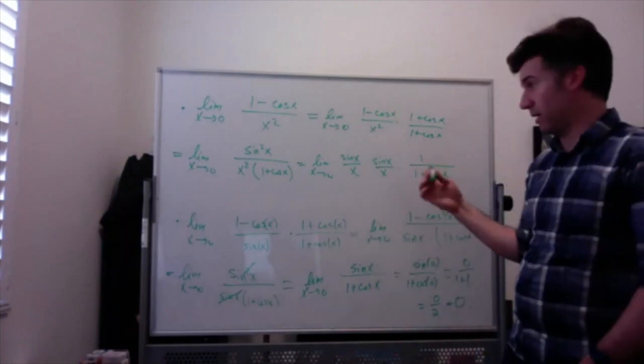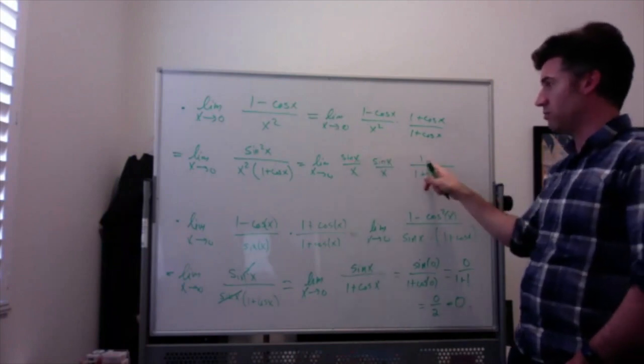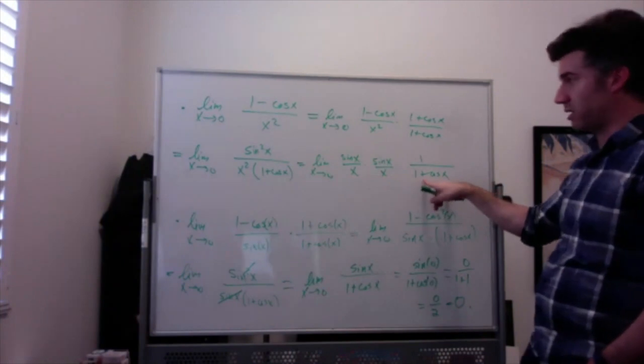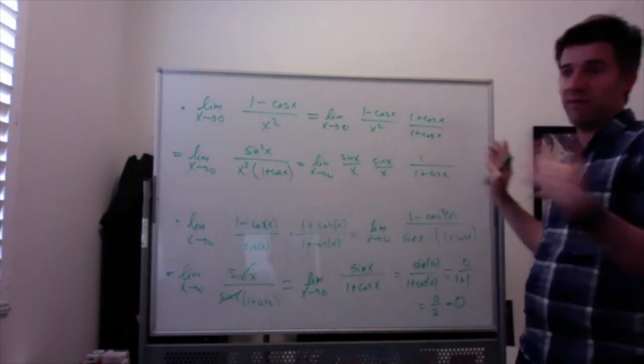Right? And this is the same. So we multiply this all out: the top is sine x times sine x, which is sine squared, and the bottom is x times x times 1 plus cosine x, which is x squared times 1 plus cosine x.